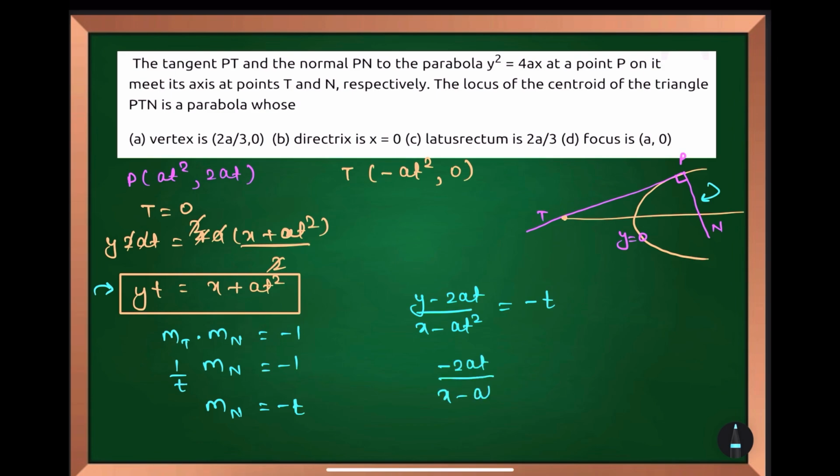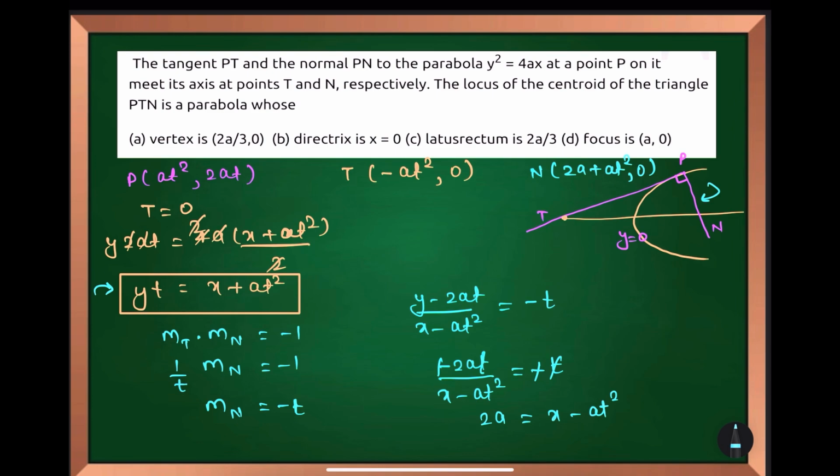So −2at/(x − at²) equals −t, and the t's cancel. So can I say 2a is equal to x minus at²? So can I say that the N point is (2a + at², 0)? Correct?